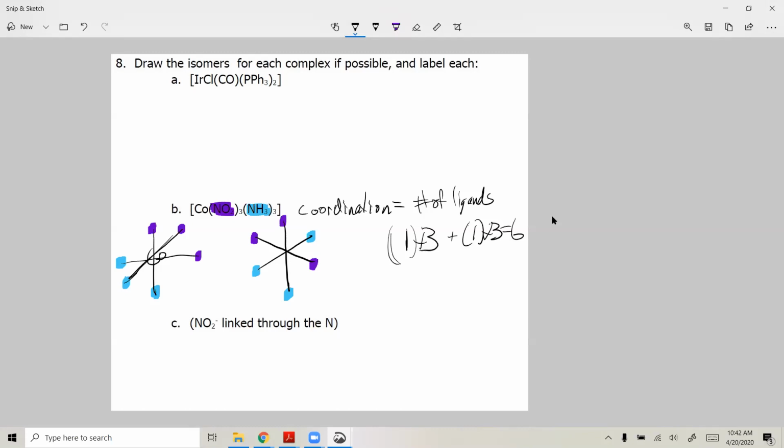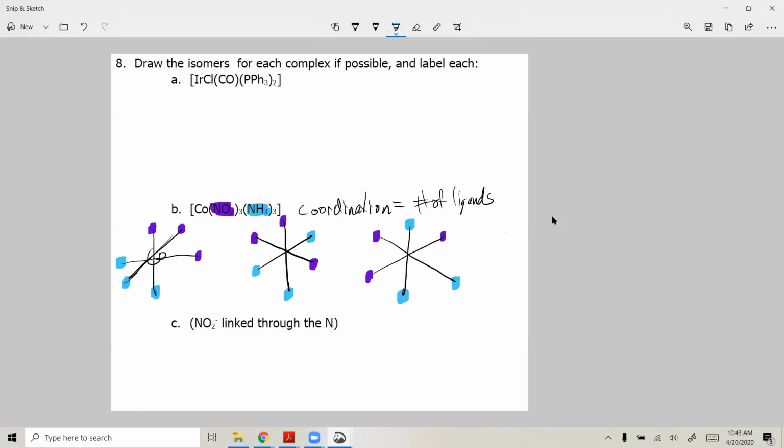Now, how many different isomers were you guys able to come up with? Shouldn't there be 3? And so what are your 3?